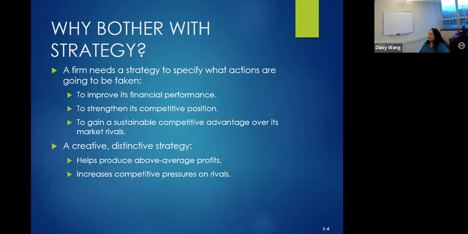So how can you improve the financial performance? Like if your company is not making profit, what can you do to fix it? Okay. And how do you strengthen your competitive position? We will talk about it later. And how do you gain some kind of competitive advantage over your competitors?